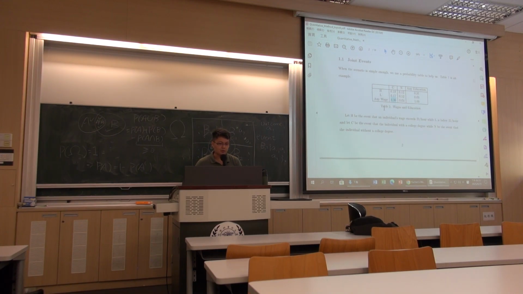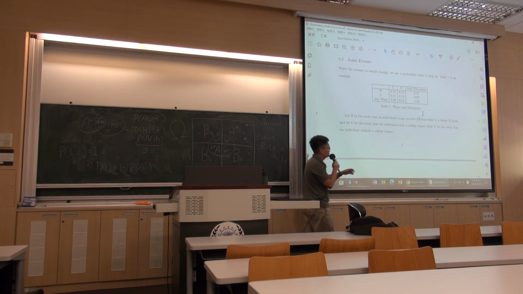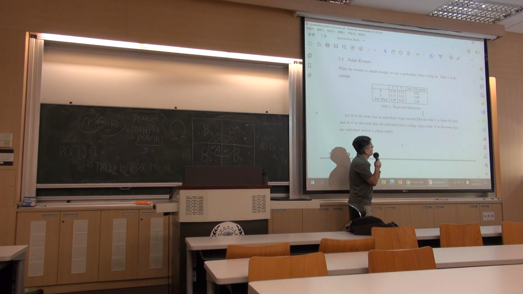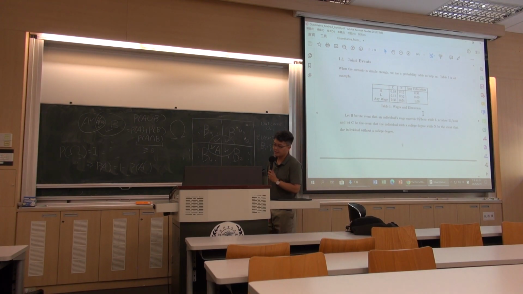Okay, so that's how to read this table. All right, and of course, all the probabilities need to add up to 1, right? That is the axiom.